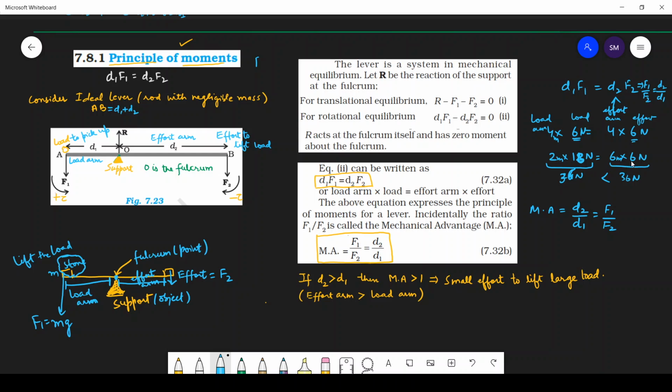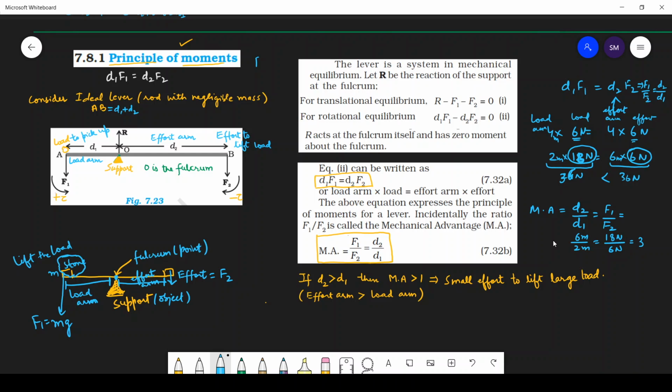So you can pick 3 times the load. So here the mechanical advantage is how much? D2 by D1 is 6 meters upon 2 meters, and from here also 18 Newton upon 6 Newton.